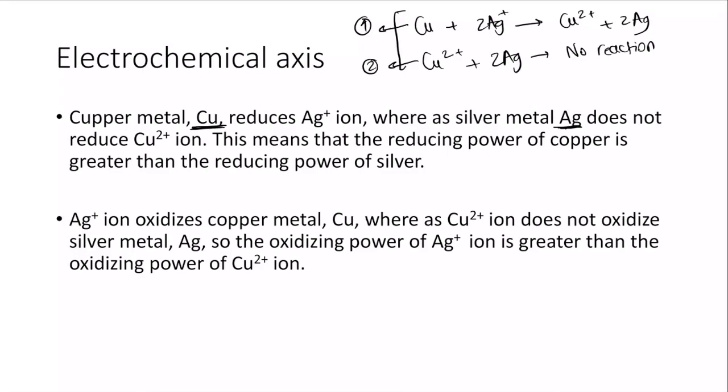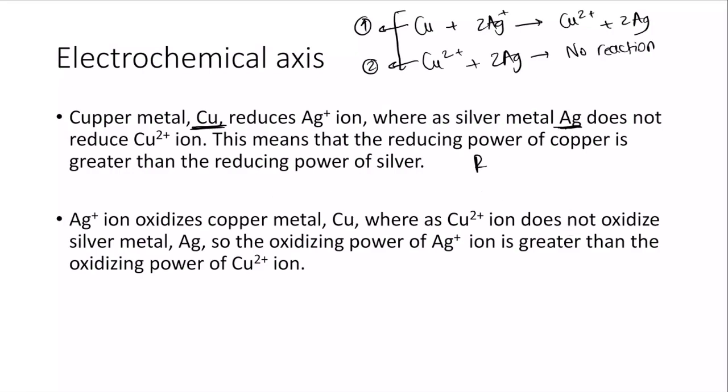Reducing power is to allow others to undergo reduction. This means that they are the reducing agent. So to oblige others to undergo reduction, you are the reducing agent. So we're comparing reducing agents here. We have said that the reducing power of copper is greater than the reducing power of silver.